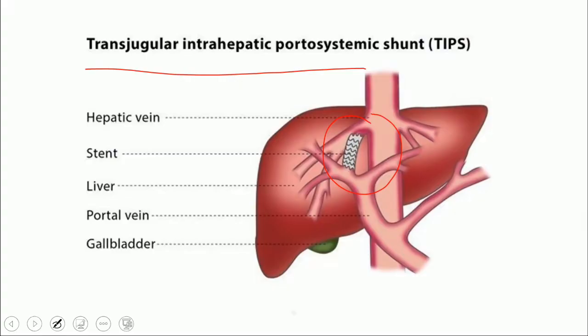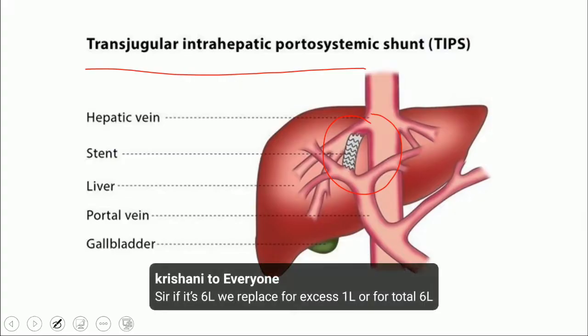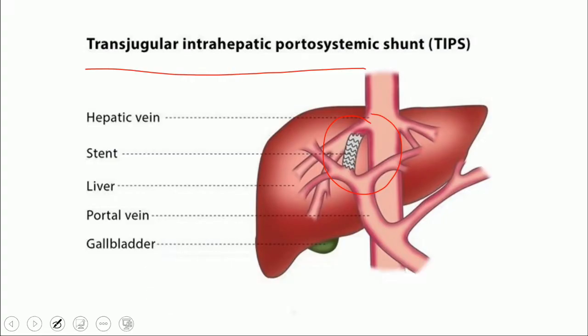The problem with these portosystemic anastomoses is that they cause bacterial translocation from the gut directly into the systemic circulation.